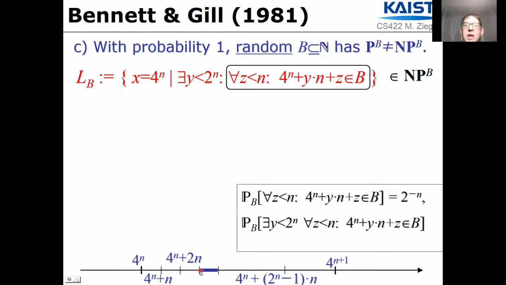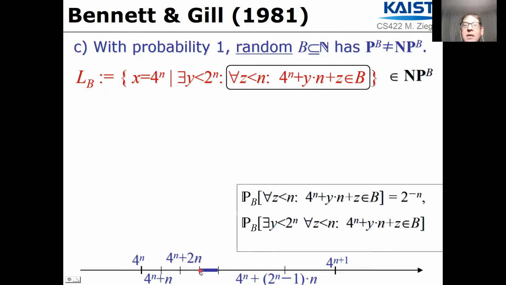So a different way of looking at this is by considering oracle B where the intervals are the events, and not natural numbers. But these events happen not with constant probability, 50-50 or any other constant, but with exponentially small probability, 2 to the minus n. And it may be helpful to look at these decision problems from these two perspectives and move back and forth between both. Right, so this is a very small probability.